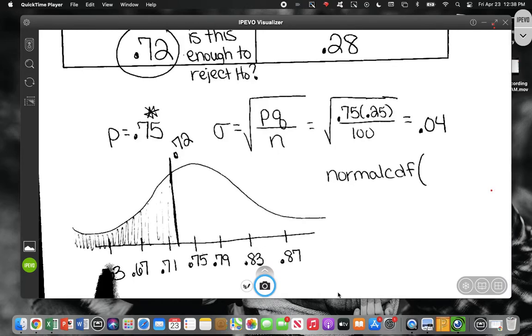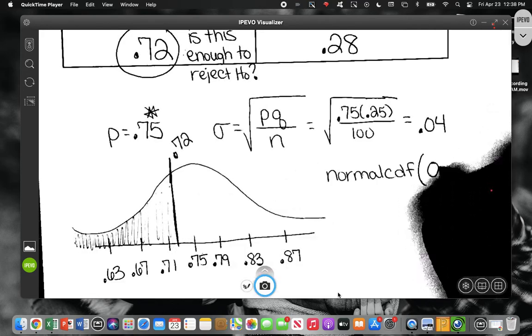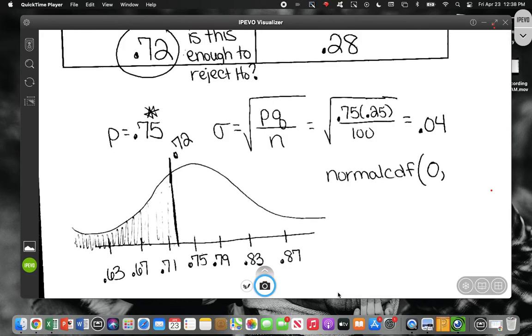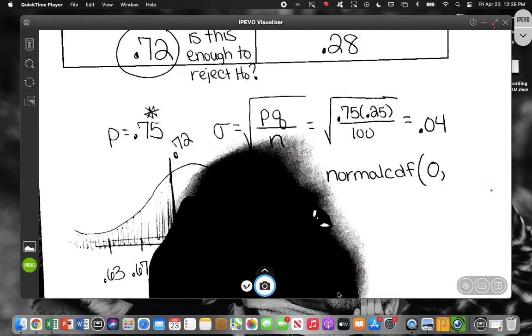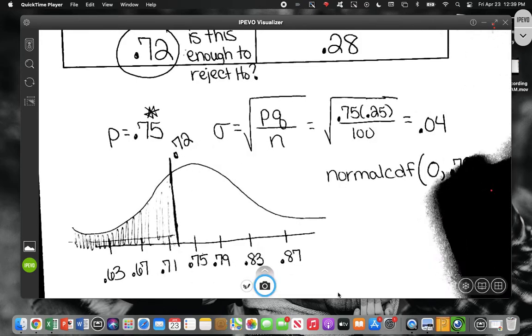All right, what's our lower number? How far can this go down? Technically 0. We could put 0.4, which is way off the range too. You could use a lot of things, but if you're not sure, go down to 0. Now what's our upper? Where is our stopping point? 0.72.